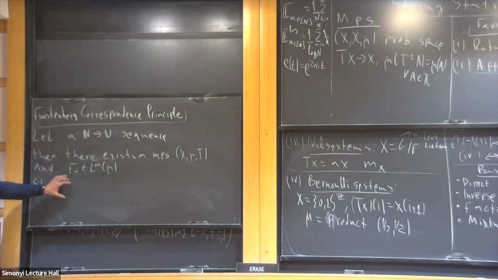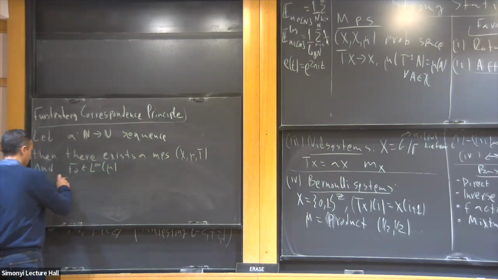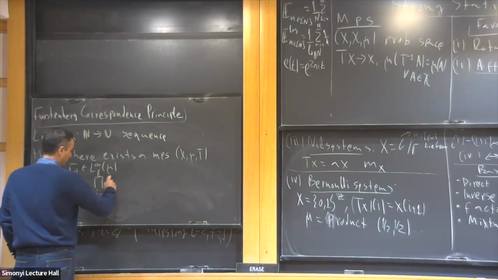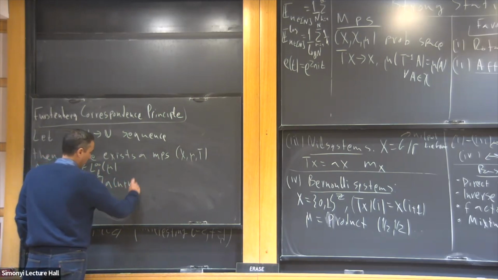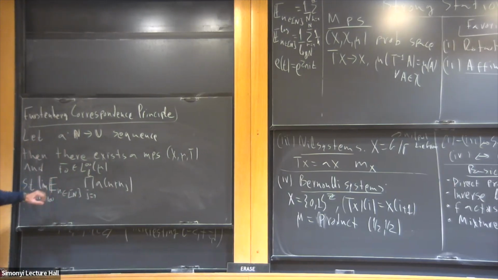Whenever I compute a correlation for the sequence, so let's take our averages here, but it's the same for logarithmic. And here I take a product. Okay, so this is the correlation of the sequence in the arithmetic world.